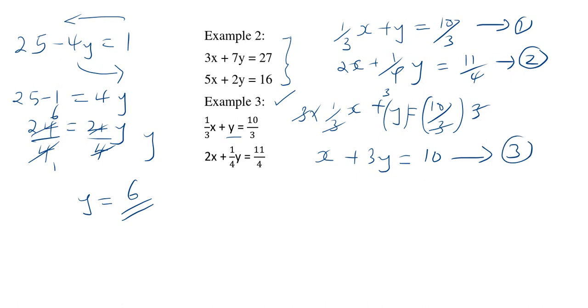Let's go to our equation 2 and make it with no fractions. So we have 2x plus a quarter y. This gives us 11 over 4. LCM is 4. We multiply through by 4.